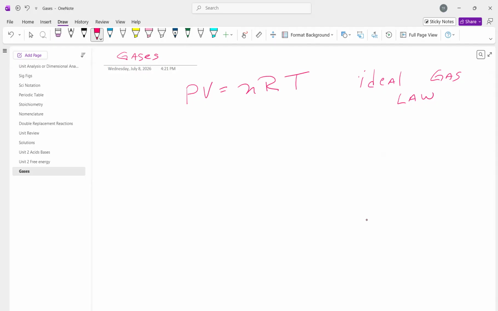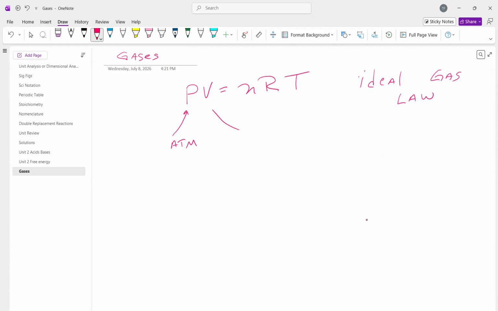P is in atmospheres. There are a lot of ways you can express pressure: millimeters of mercury, atmospheres, torrs. In this class, we're using atmospheres. It's the simplest and it works.